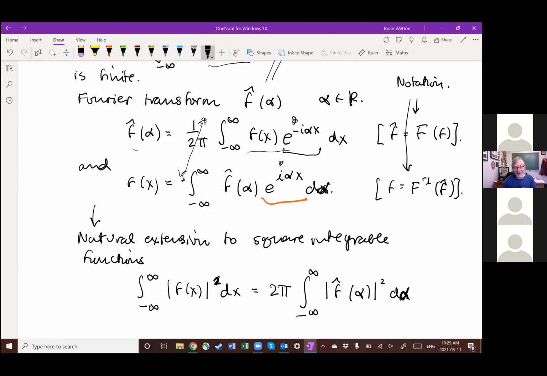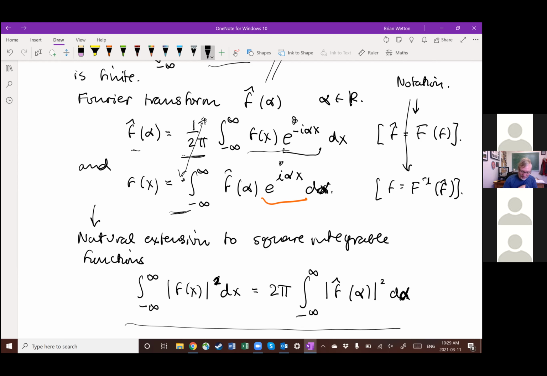Or what I think is the nicest one, but involves more writing, so I don't do it, is that you see a factor of 1 over the square root of 2 pi in both places, okay? That's the normalized version of it all. And in that format, these things don't have the factor of 2 pi in them. But okay, it's equivalent.